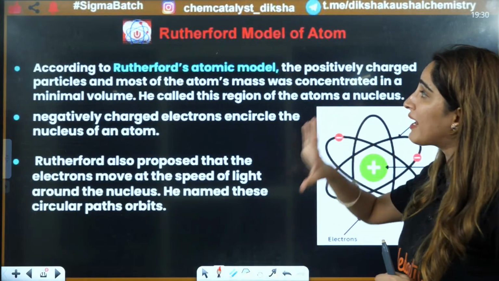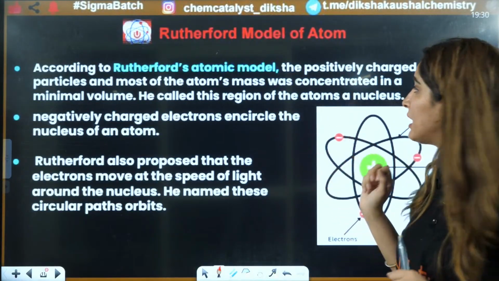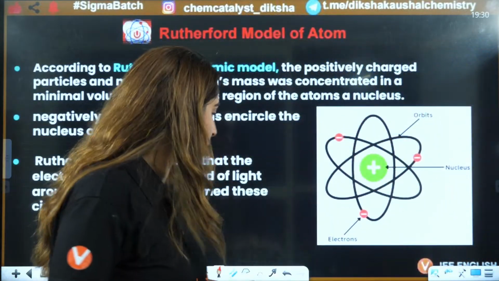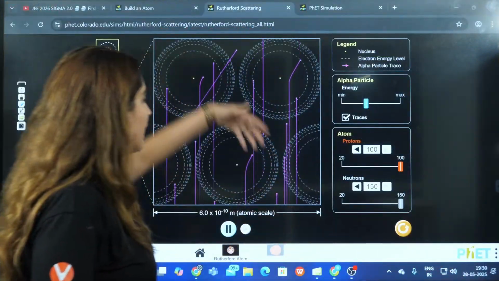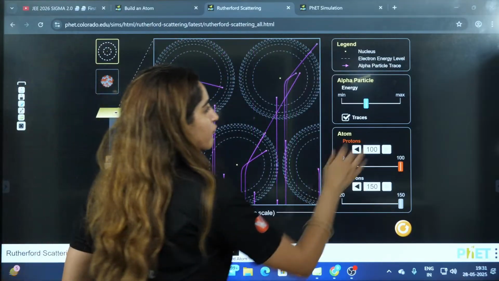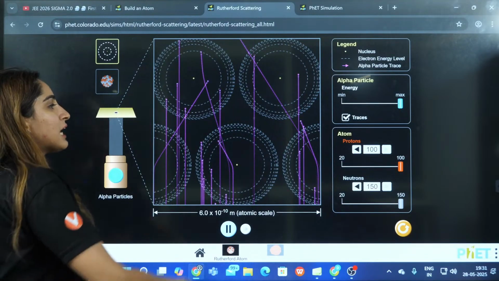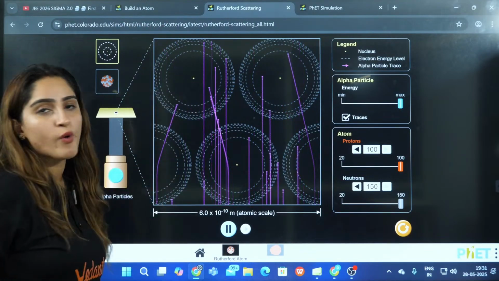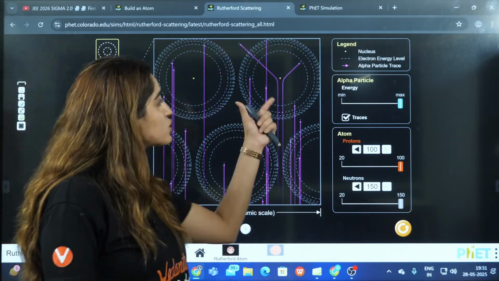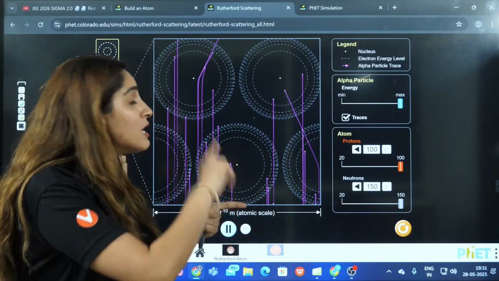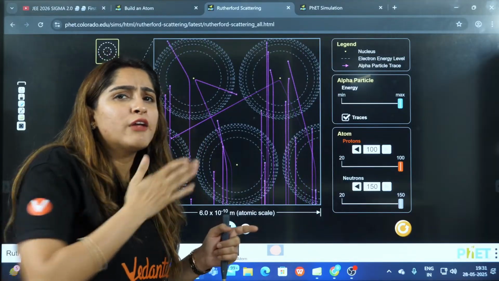First, according to the Rutherford atomic model, as you can see, most of the alpha particles are going straight. If I increase the speed, you will see it more often, that most of the alpha particles are going straight. That means most of the space inside the atom is empty. Now, some of them are deflecting.